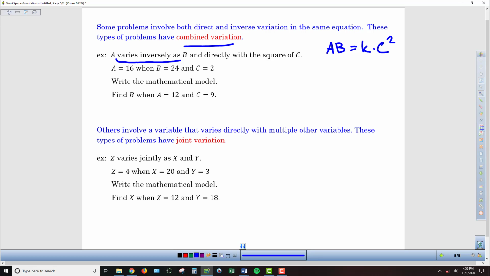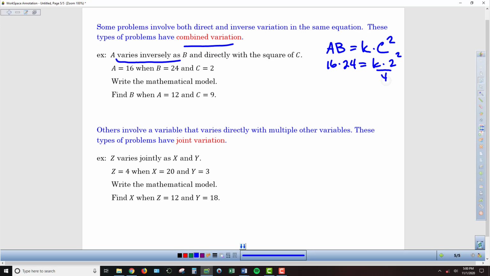So we just have to interpret what's given to us about the relationship between those variables. And so now we're going to proceed the same way that we did before. Got to find what K is first. So we're going to replace A with 16, B with 24, equals K times C squared. So that's going to be 2 squared. So that's 4.